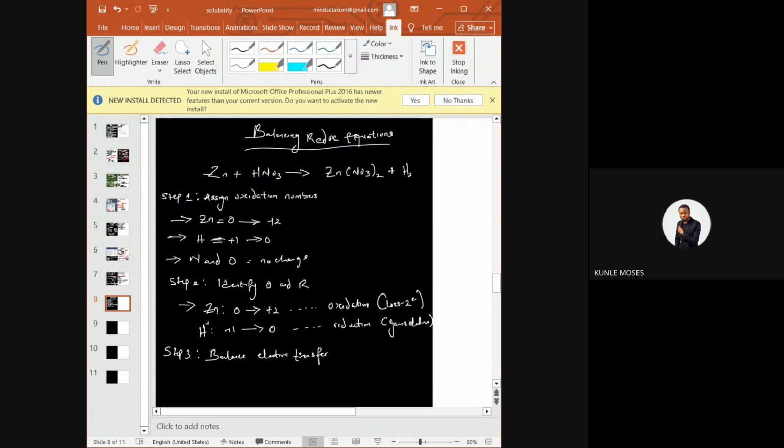It loses 2 electrons. And we said hydrogen gains how many electrons? We said hydrogen gains 1 electron. So we need to add 2. That is, we need 2 hydrogen in order to accept the 2 electrons that the zinc is losing. So step 4 would now be to balance the atom.